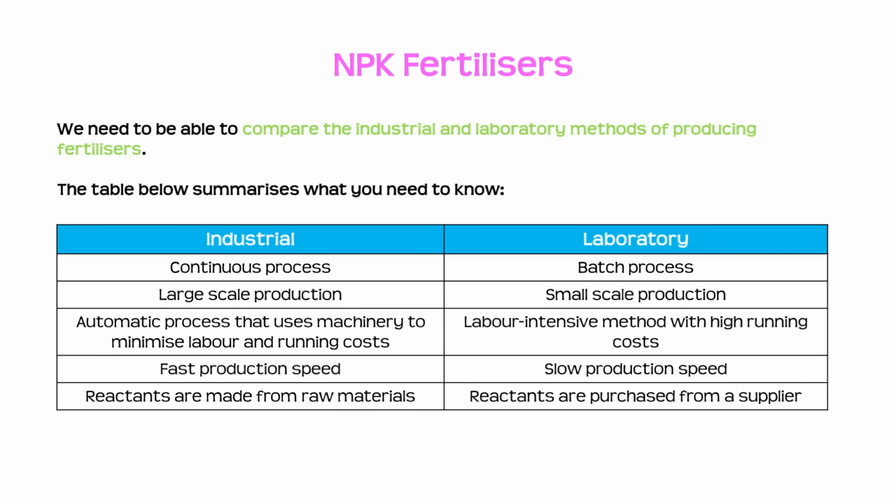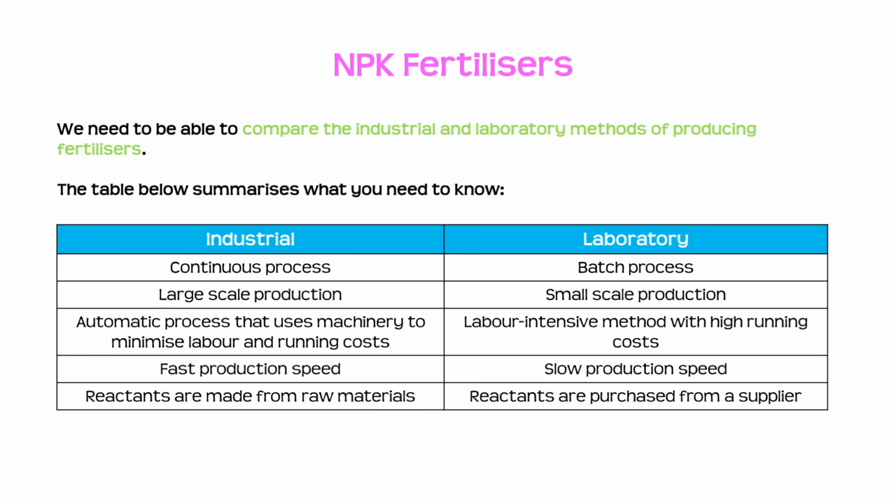If we compare this to the laboratory methods, this is just a batch process. We might decide that today we want to make a certain type of fertiliser, so we set it up to make a batch of that. Next up, industrial processes is a very large scale production. We're trying to make this on enormous scales, whereas in the lab, maybe we're just making it for ourselves in a small scale production.